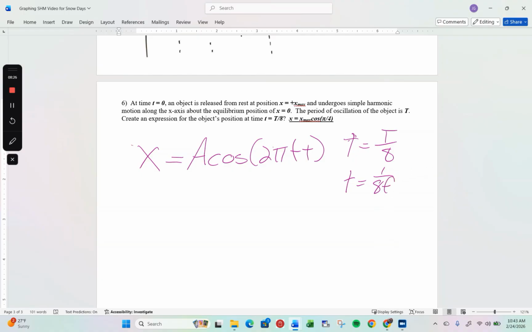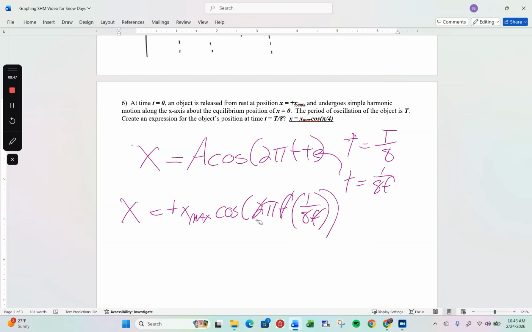But frequency and period are inverses of each other. So actually, T equals 1 over frequency, so time is 1/(8 times frequency). I just changed period to 1 over frequency, so I can sub that in. So I get x equals amplitude, which we were told is positive x max, cosine of 2 pi frequency times the time, which we said was 1/(8 frequency).